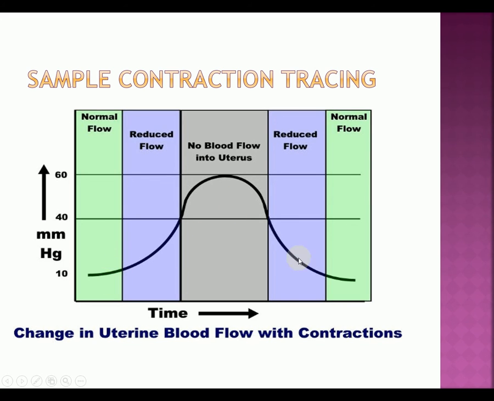Now, in order to tell how often these contractions are occurring, or the frequency, remember I told you to go from the beginning of the contraction. The beginning of this contraction is right about here, and you don't stop right here.